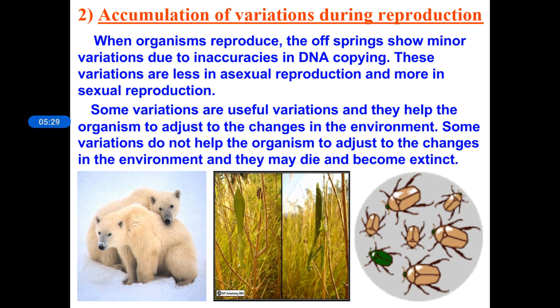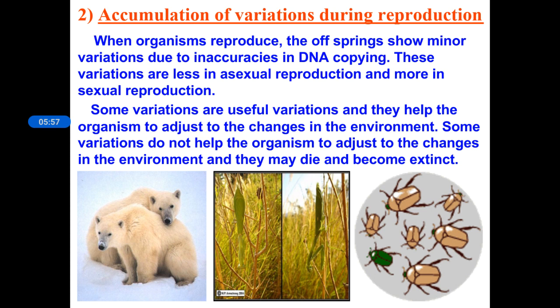And whether these variations are benefiting or having any negative impact: in some cases these variations are very helpful. It helps the organisms to adjust to the changes in the particular climate. So it helps the organism in a positive way. But there can be a situation that these changes do not help that organism to adjust to the climate.